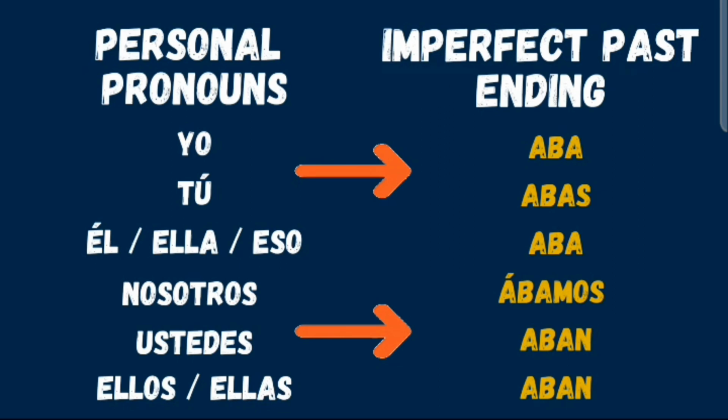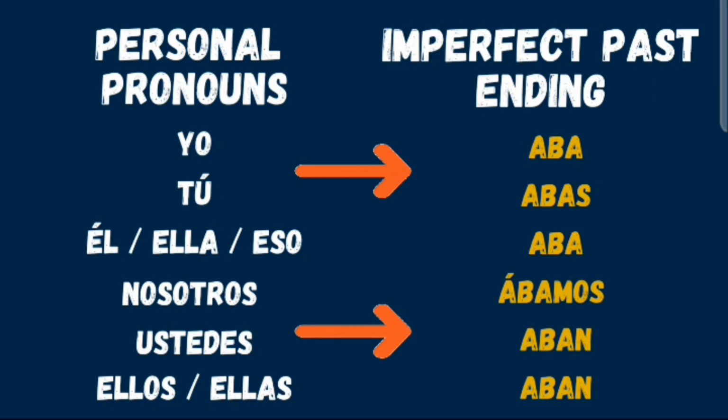Now, for the personal pronoun you in the plural form, ustedes, the ending of your verb in the imperfect past has to be -aban.